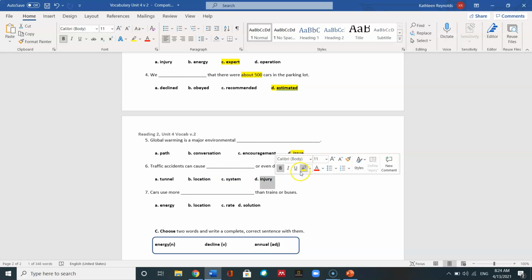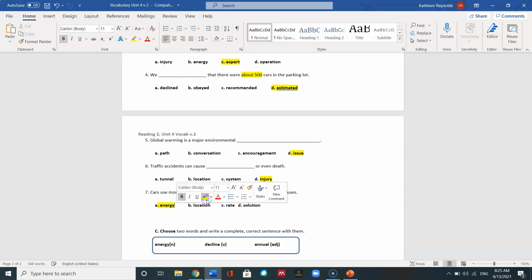Injury means getting hurt, and you can see that it goes kind of with the stronger one. Number 7, cars use more blank than trains and buses. Here we can choose energy, location, rate, or solution. So cars use more. In this case, we need to say energy than trains or buses.